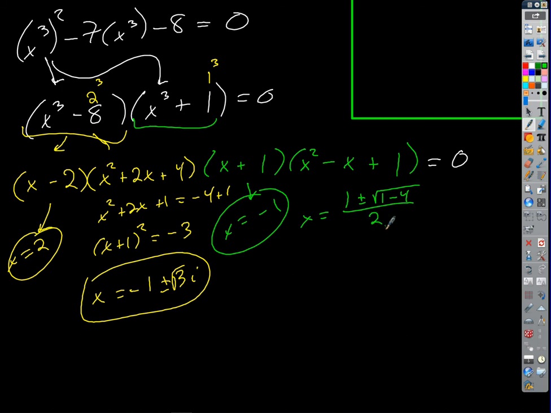So if I simplify that, what am I getting? 1/2 plus or minus. You pretty much just solve that here, and use the zero product property.